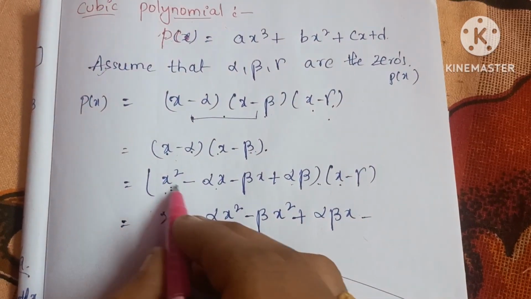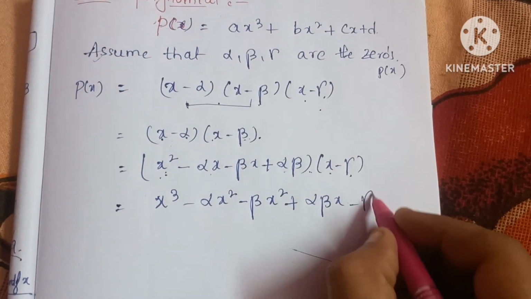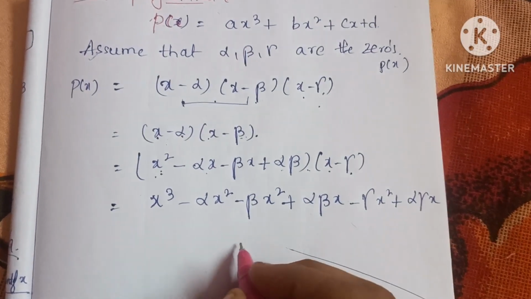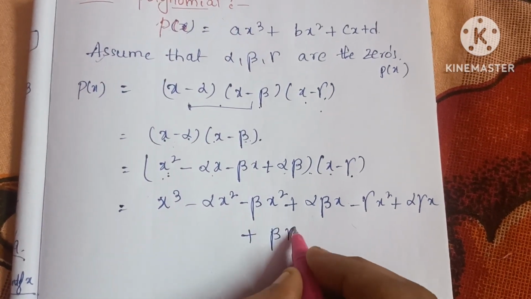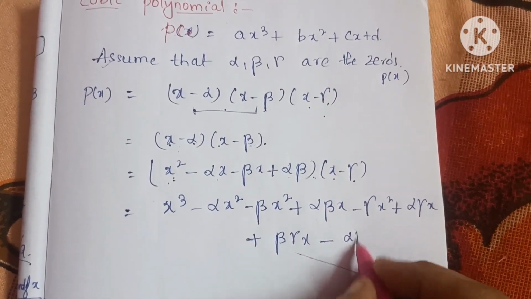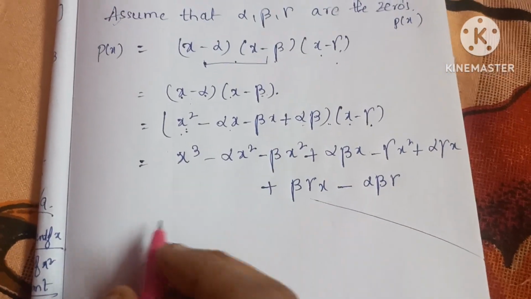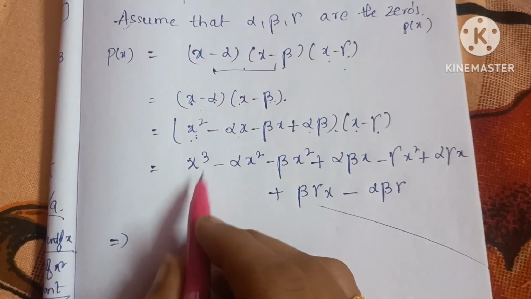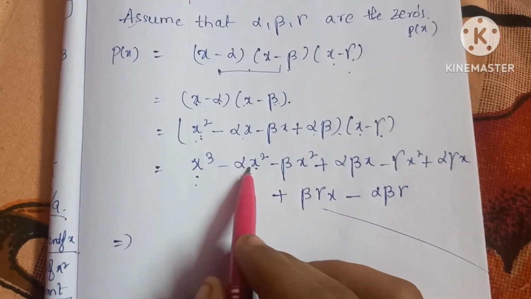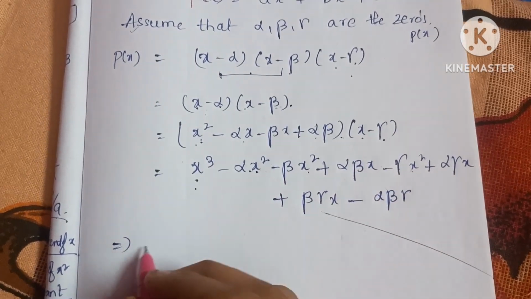Again, next you have to multiply by gamma. Next minus gamma x square plus alpha gamma x plus beta gamma x minus alpha beta gamma. Now here x cube value is only 1, but x square values are 1, 2, 3. These all values write on one side.